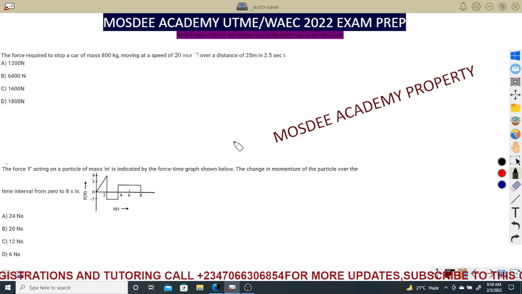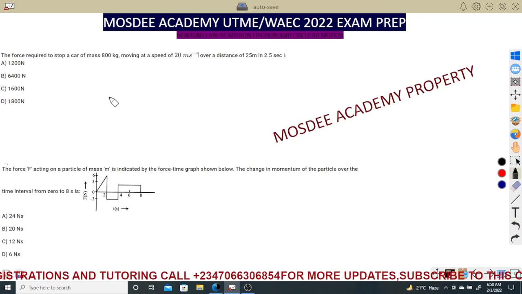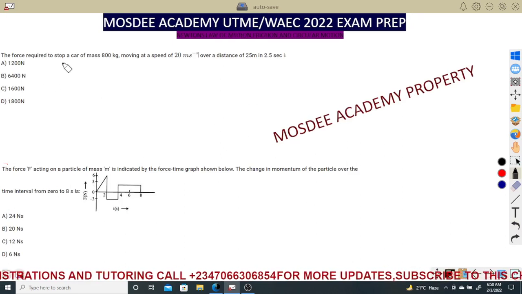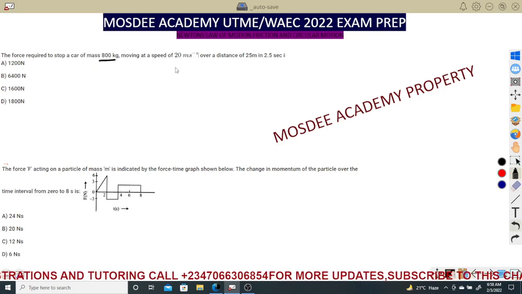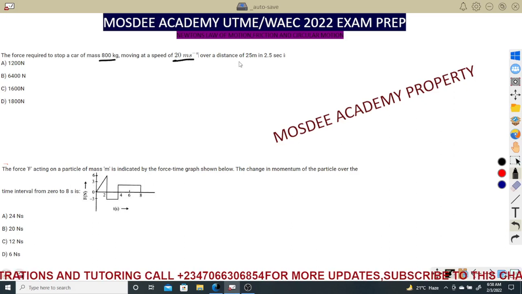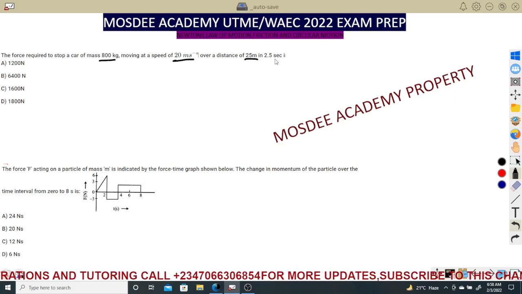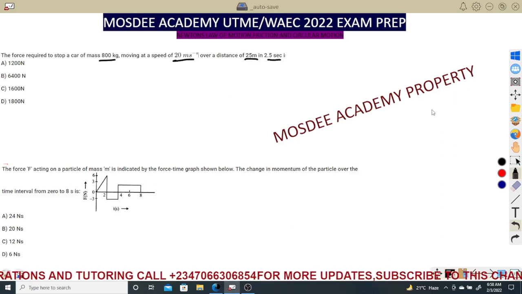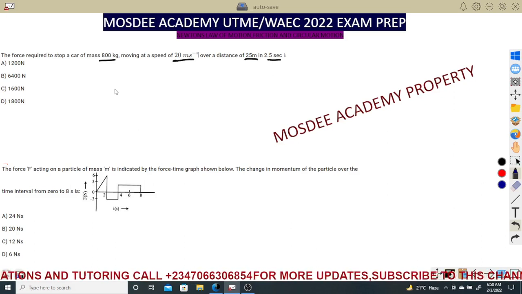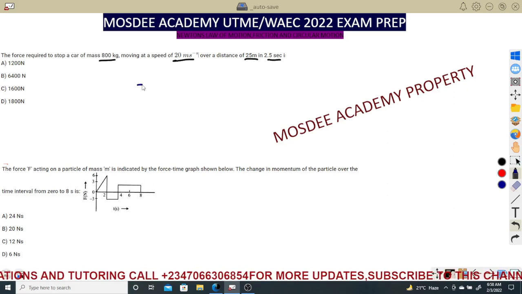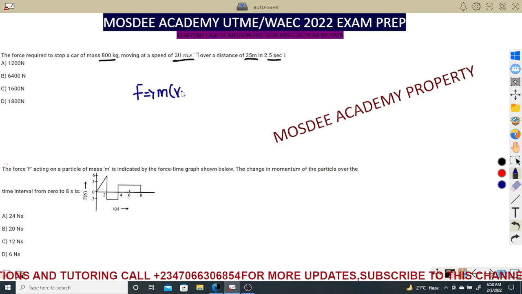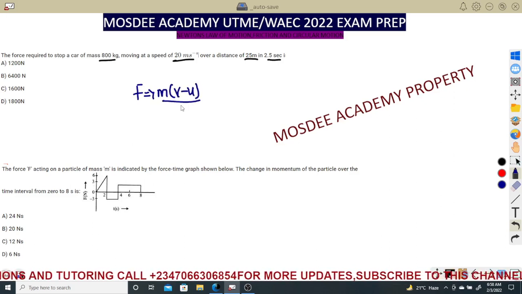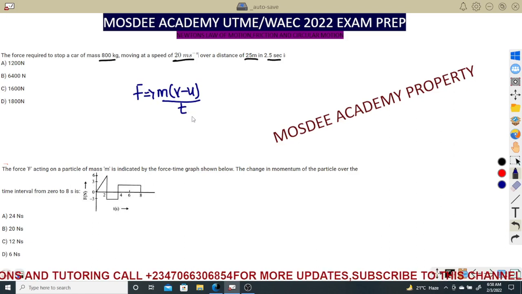The next one, my dear student, is a very popular question, which is the force required to stop a car of mass 800 moving at a speed of 20 meters per second over a distance of 25 meters in 2.5 seconds. So still the same concept, like I said, this section is a very simple question. F equals m into bracket v minus u over t, or F equals ma, as a is v minus u over t.